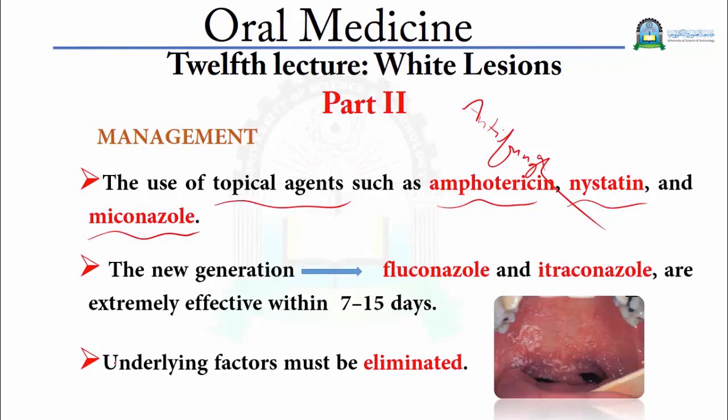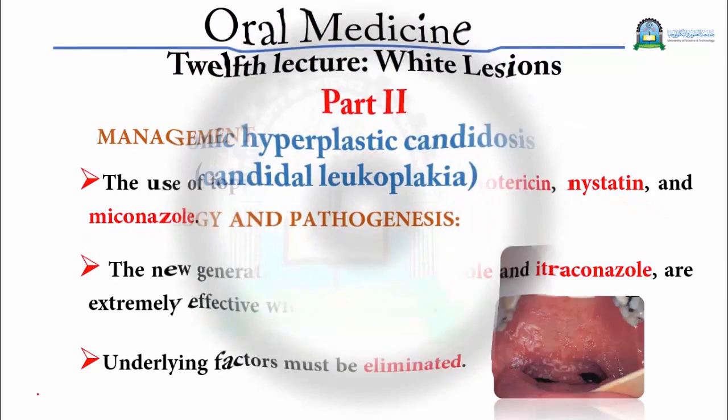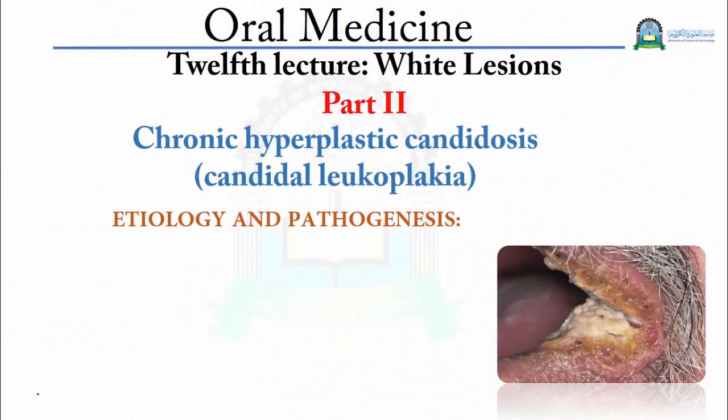The underlying factors such as cytopenia or HIV disease, or the patient being under long-term corticosteroid treatment or antibiotics, all these factors should be eliminated to permit the oral lesions to resolve.